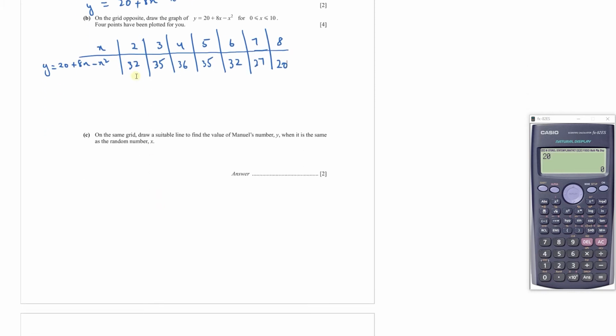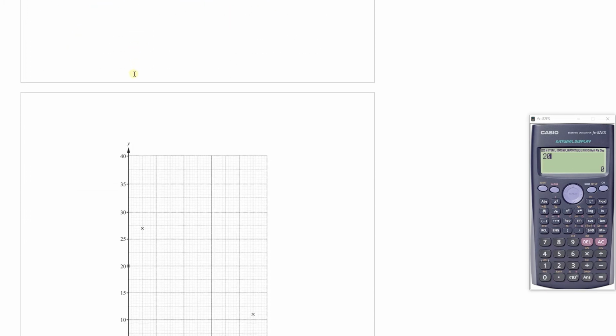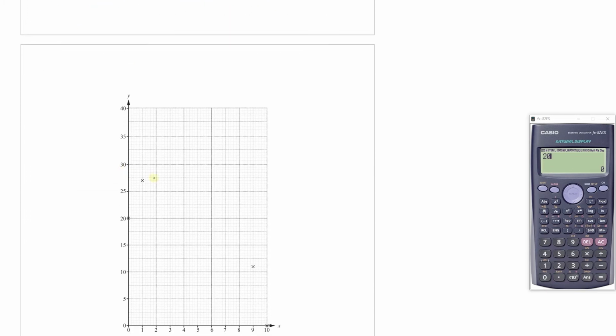So when x is 2, the y value is 32. So x is 2 here. Each small block here represents a value of 0.5, because there are 10 blocks and the value changes by 5. So 5 over 10 is 0.5.